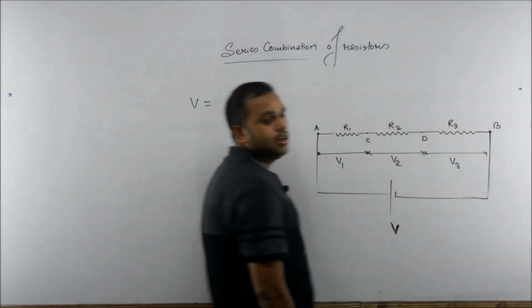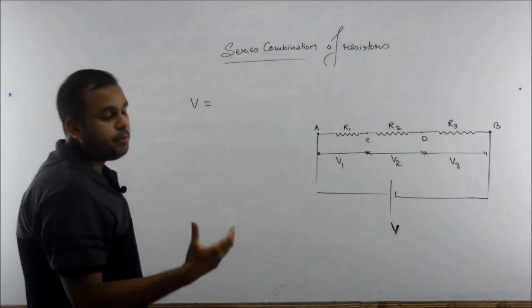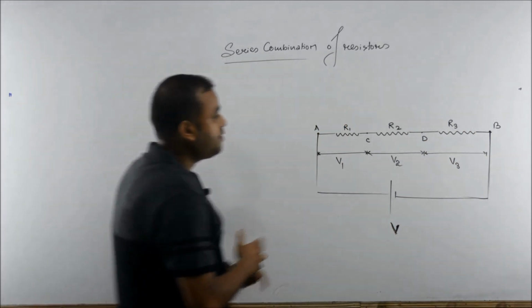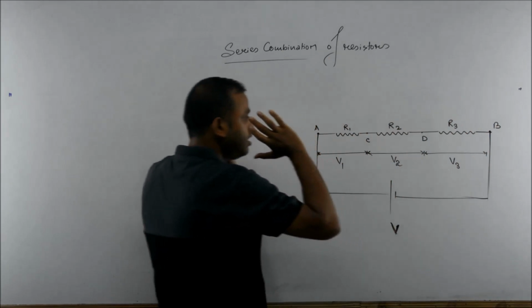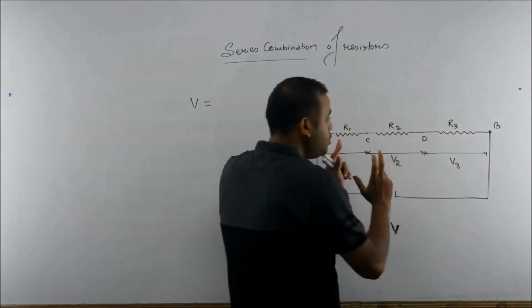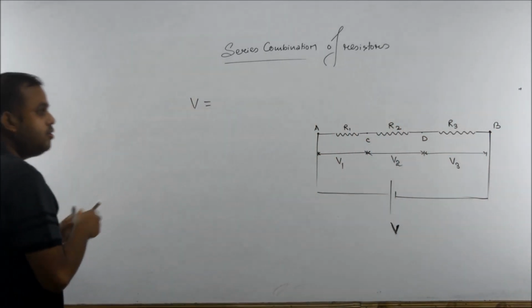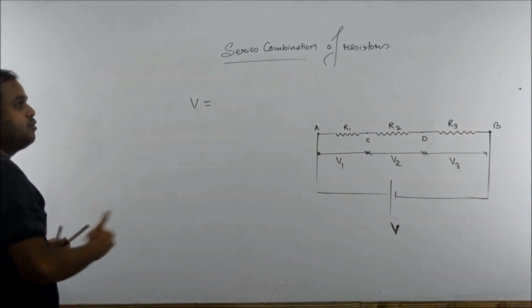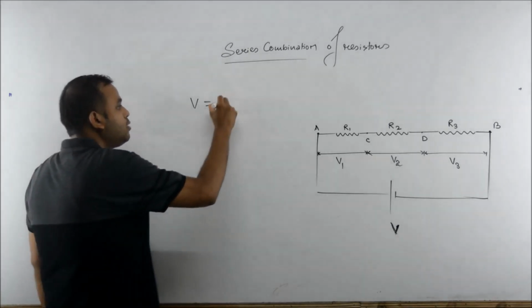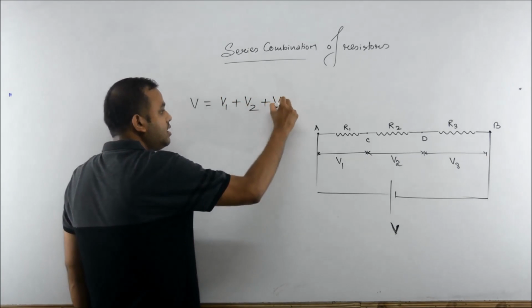We have measured potential difference across D and B, V3. With the help of a voltmeter, we have measured potential difference across A and B, which is V, then across A and C, which is V1, then across C and D, which is V2, then across D and B, which is V3. Now, after that, we will see that V will be equal to V1 plus V2 plus V3.